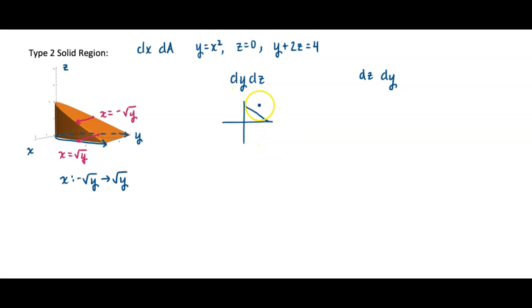I know this is my line, y plus 2z equals 4, meaning I have a z-intercept of 2 and a y-intercept of 4. So I've got the same region here, and this line is y plus 2z equals 4.